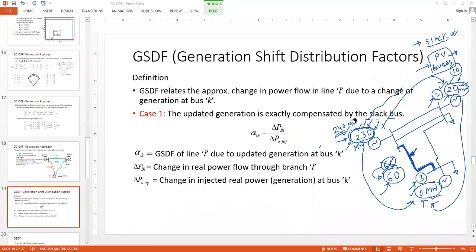Once we know these two expressions, we can ask: is there any equivalent expression for del PBL, and for del PK injection? Or is there any expression which relates these two by a certain ratio? Then that ratio will simply be alpha LK. So let us see now how we are going to derive the expression of alpha LK in terms of network parameters alone.